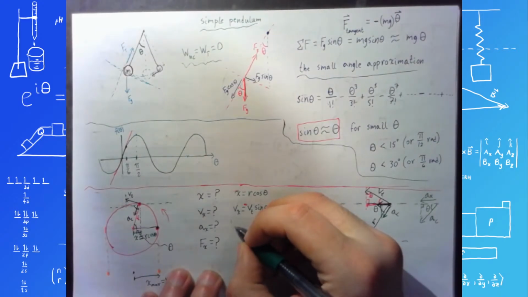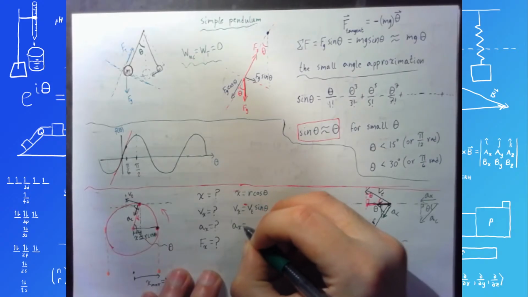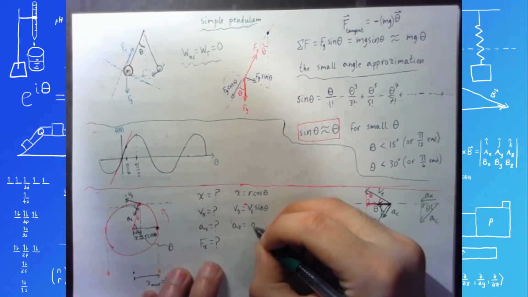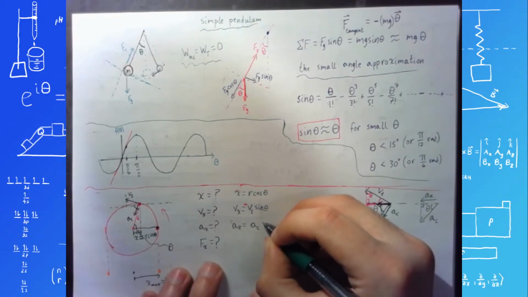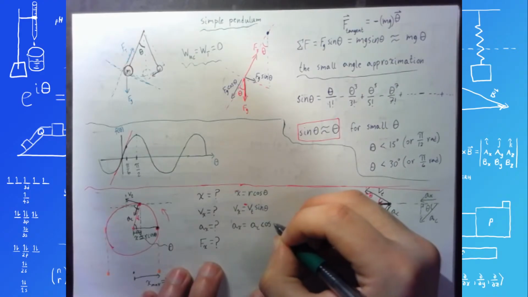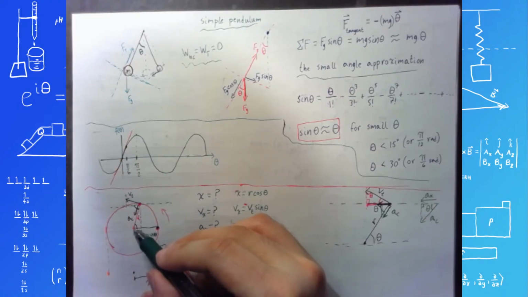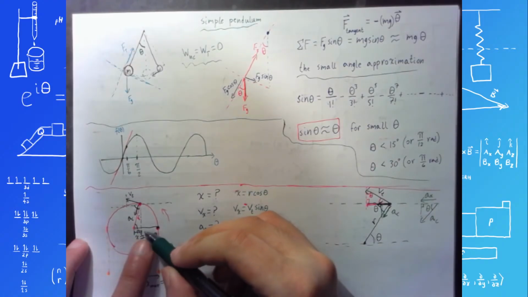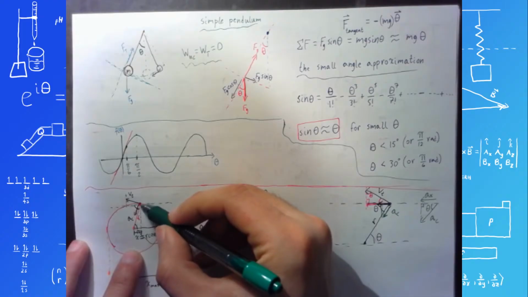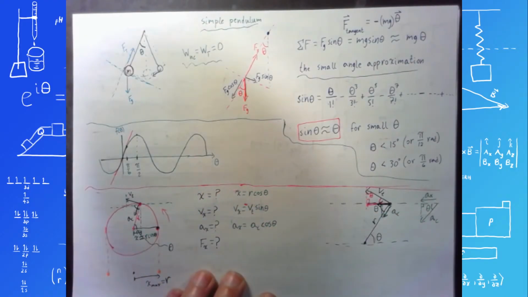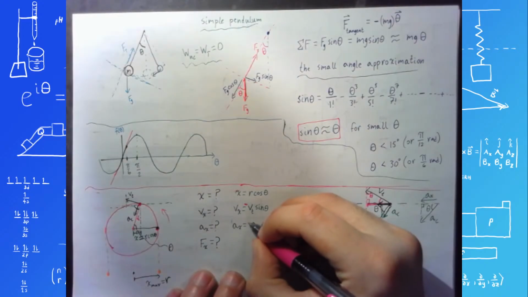So AX is going to be a centripetal times cosine of theta, and it's opposite in direction to x, right? X is to the right of the center, but a centripetal, its x component is to the left. So let's put in a negative sign there.